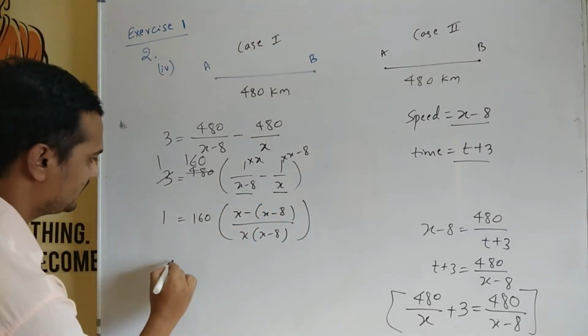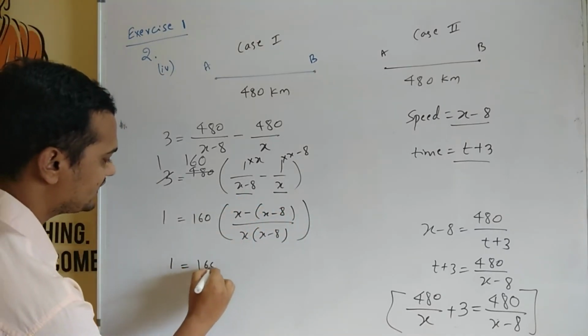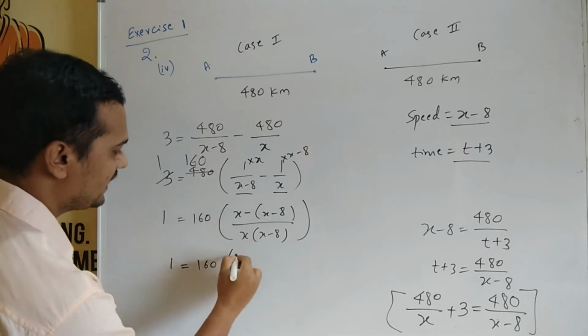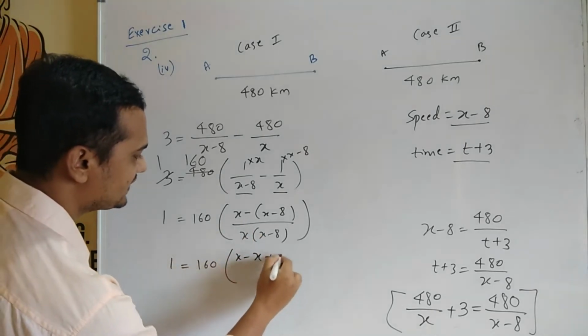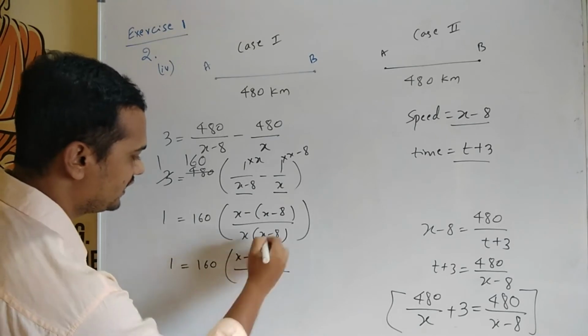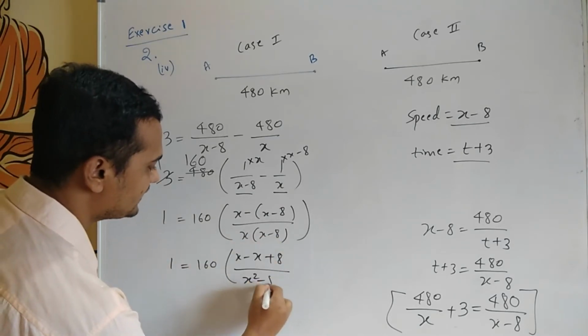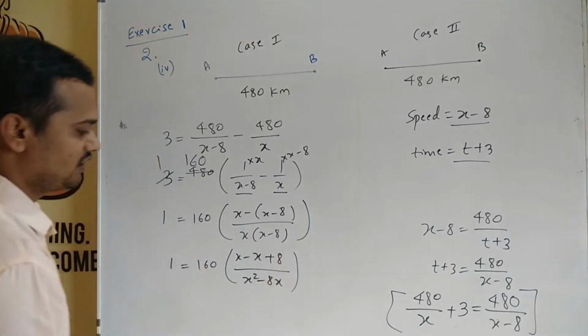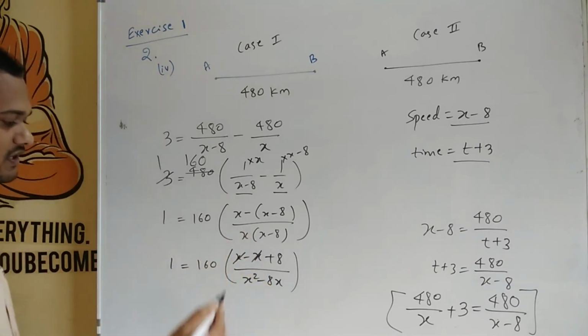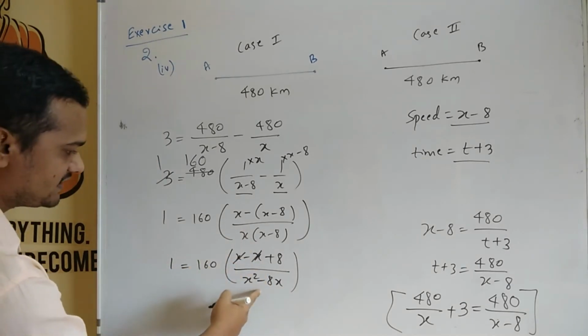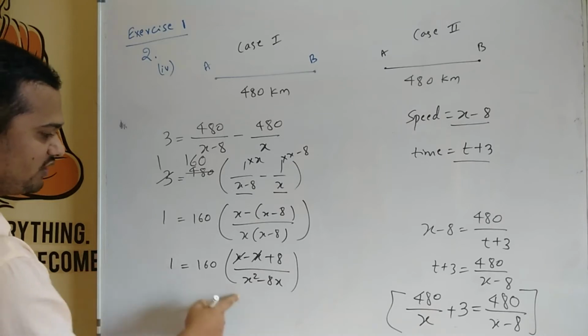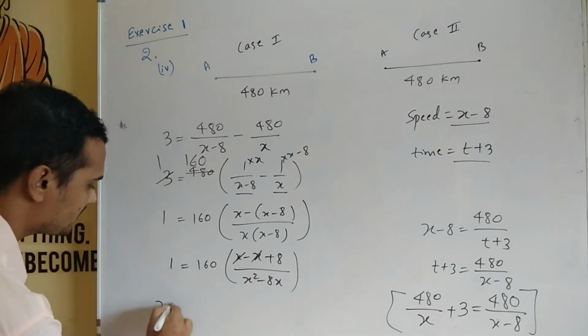So what is our next step? 160 into x minus x plus 8 divided by x square minus 8x, right? So these two will cancel out, and then take this denominator into the numerator, that is 1 into x square minus 8x will give x square minus 8x.